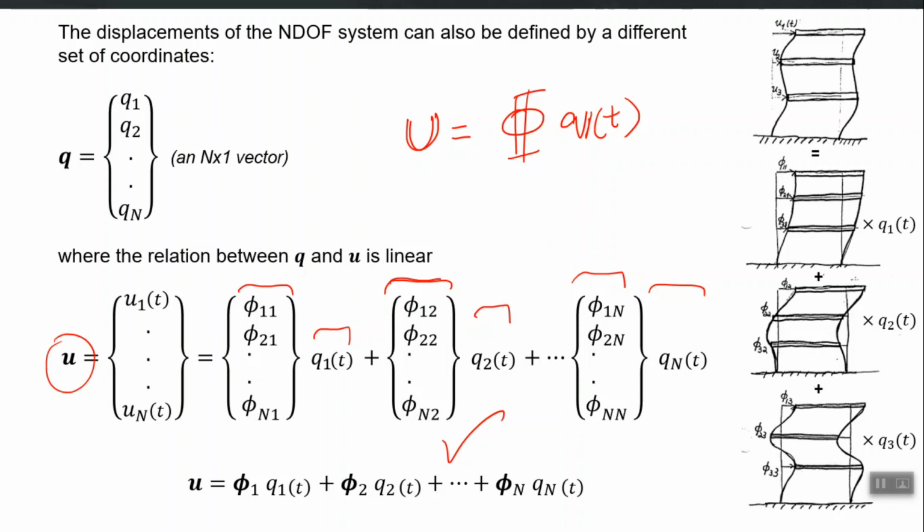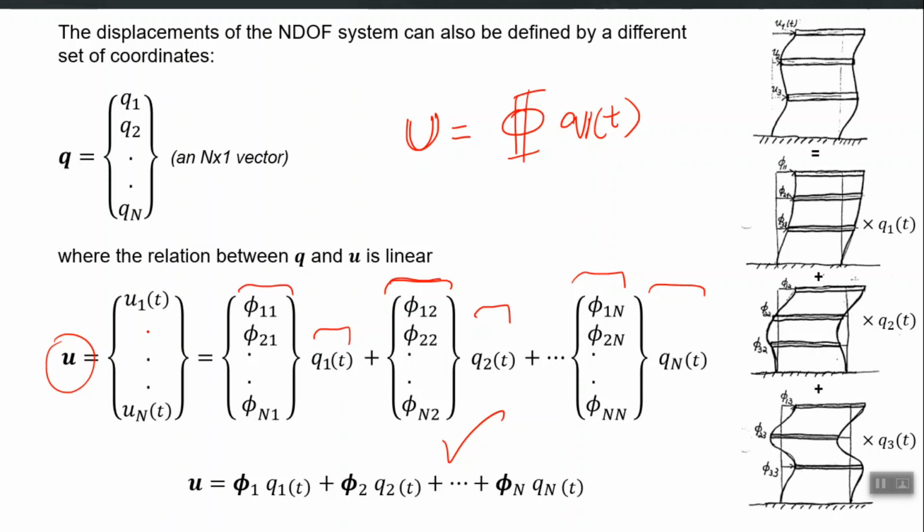The q of t vector will contain q1, q2, q3 up to qn, and the phi matrix will contain all those independent vectors. The idea, if you remember, was that any vector can be written as the sum of independent vectors, right? As long as they are independent vectors, you can expand any vector as a sum of those vectors.